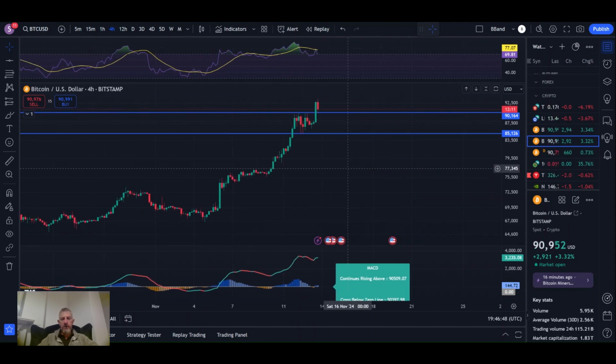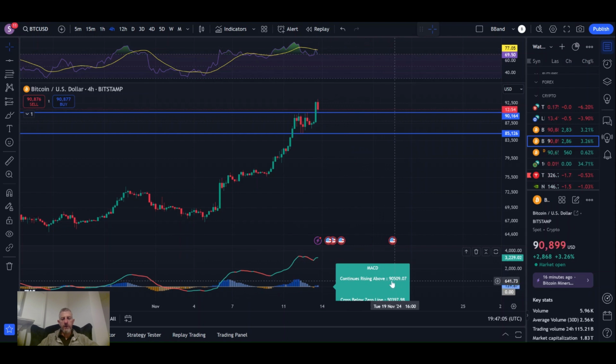So interesting. As you can see, the 4-hour MACD momentum does look like it's about to cool off a bit. Continue green. Did I say the daily? 4-hour MACD momentum.